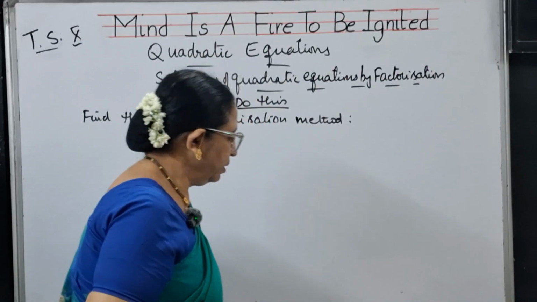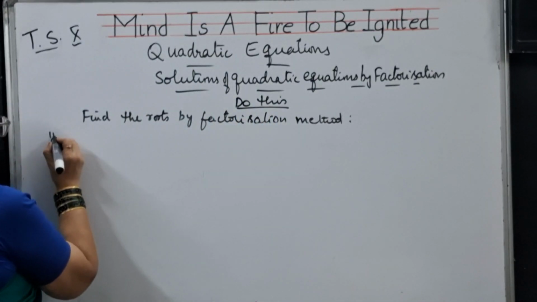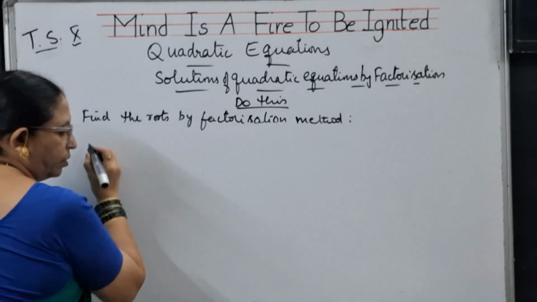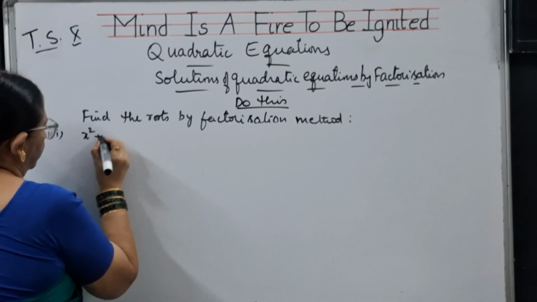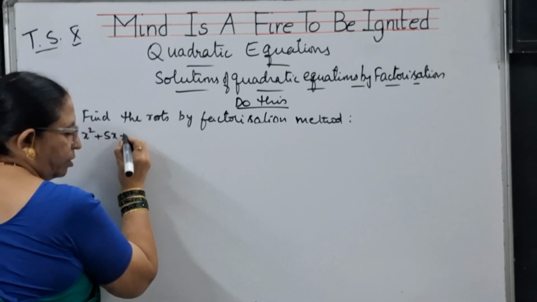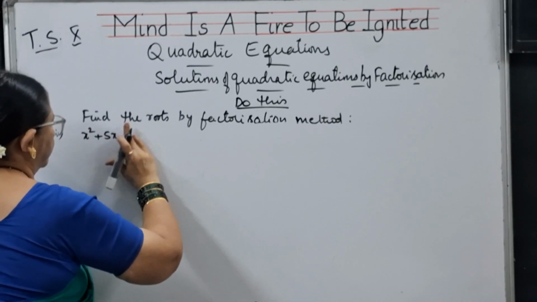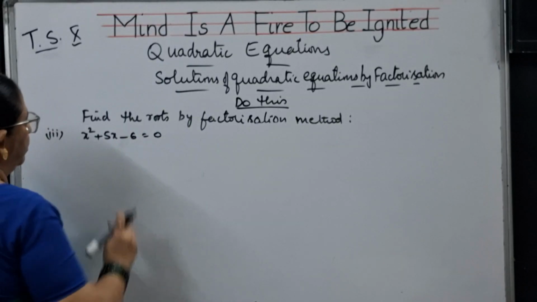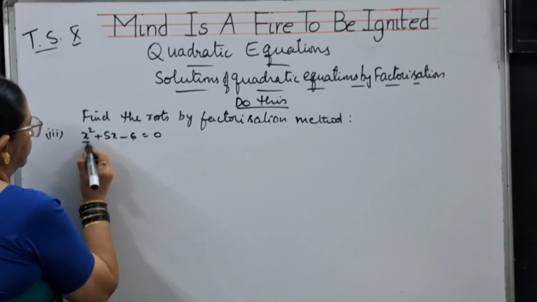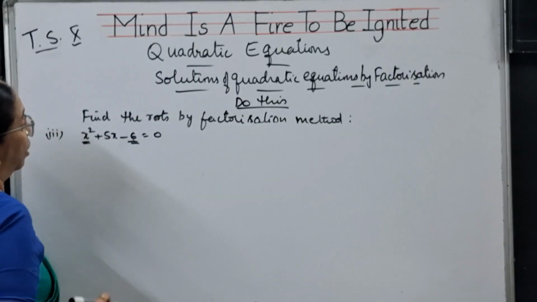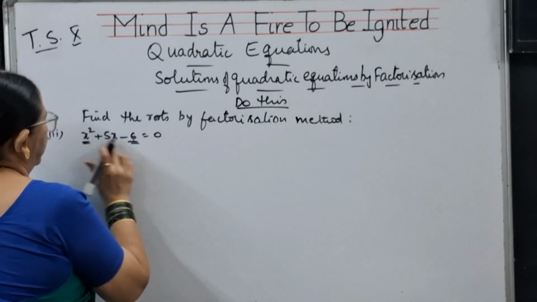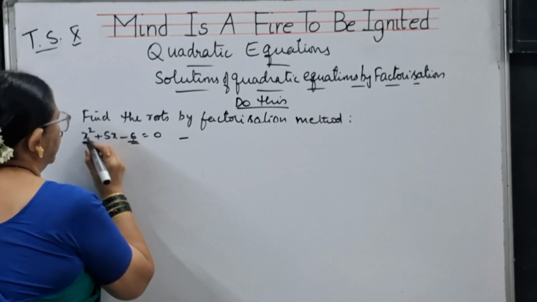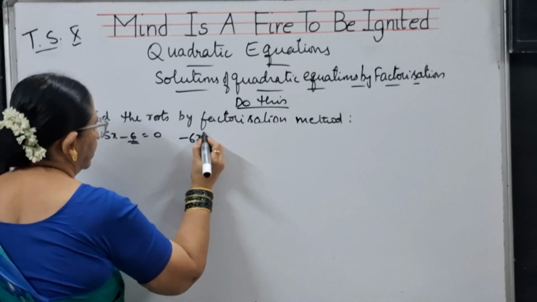Third bit, children. Third bit is x² + 5x - 6 = 0. So when you multiply, I told you the last ones you have to multiply along with the signs. Minus into plus minus, 6 into 1, 6x².